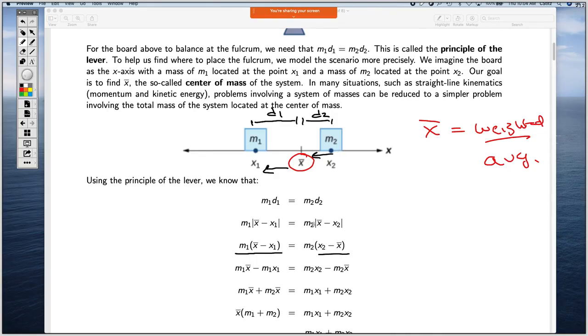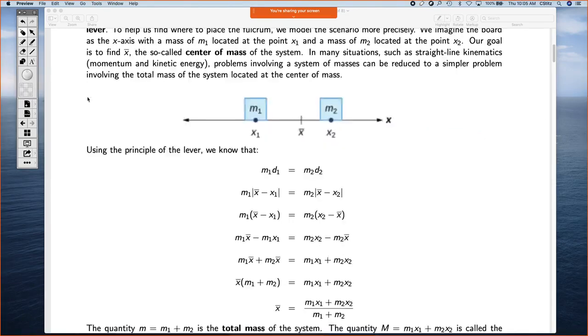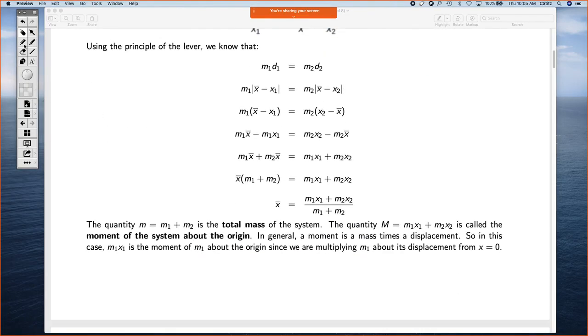These absolute values are here for the more general case where you don't know who's on the left and who's on the right. So you distribute through. Get everything with the x bar on one side, so you can factor it out. And then boom, you get down to here.